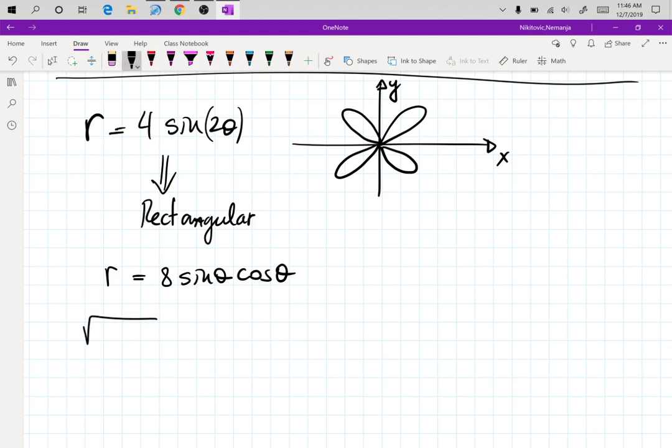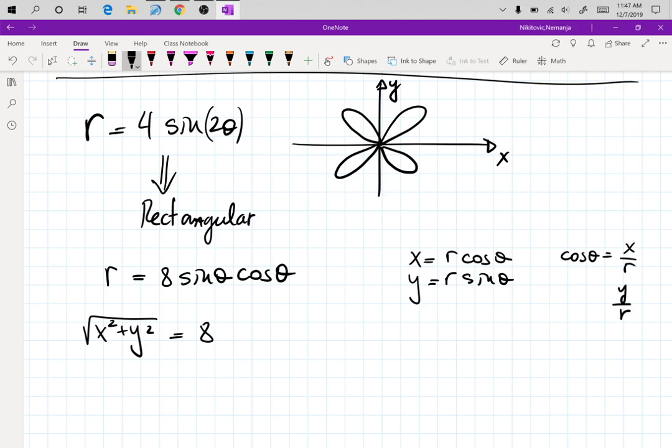Your r is the square root of x squared plus y squared, then 8. Over here, it's much easier if you kind of cheat, because x equals r cosine theta and y equals r sine theta. You can solve for cosine and sine as x over r and y over r, and you plug those in. That's easier than going through sine of inverse tangent and cosine of inverse tangent. You can, but it's more work.